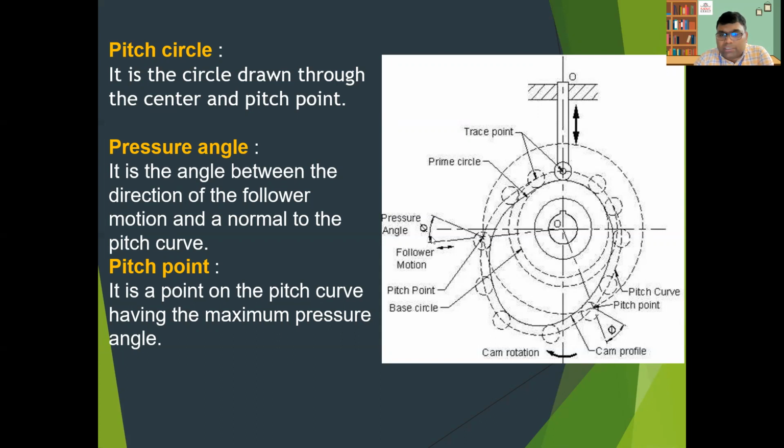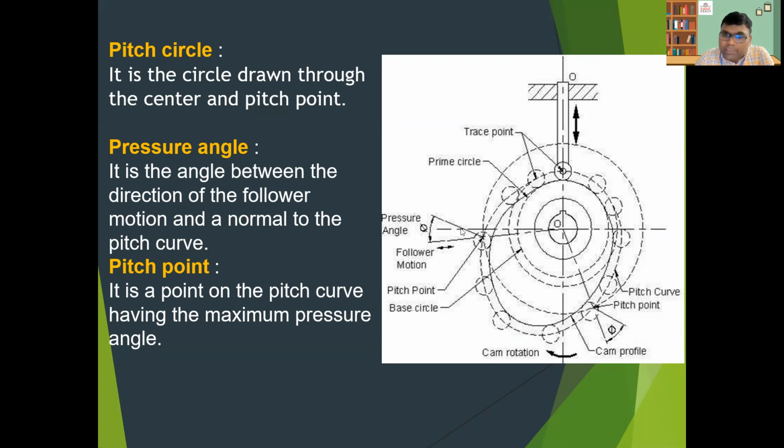Here you can see this is the follower motion direction, and this is the normal to this curve, the cam profile.